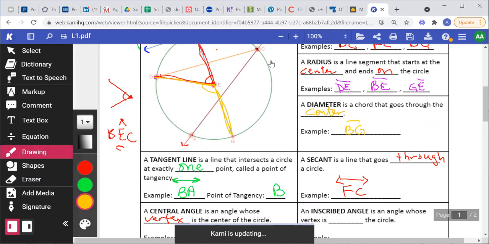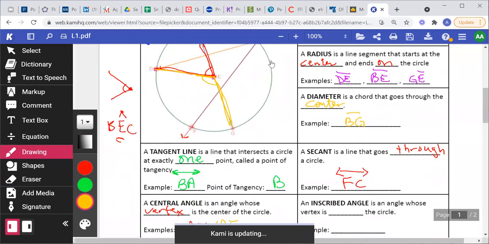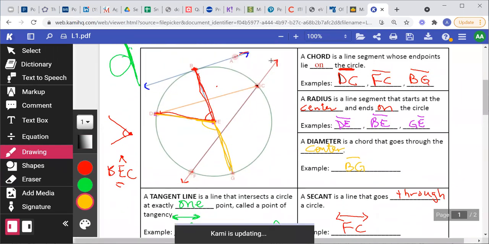Another remark here is that the central angle sides are always the radii. If you take the sides of this red angle I formed here, one side is a radius and the other side is also another radius.